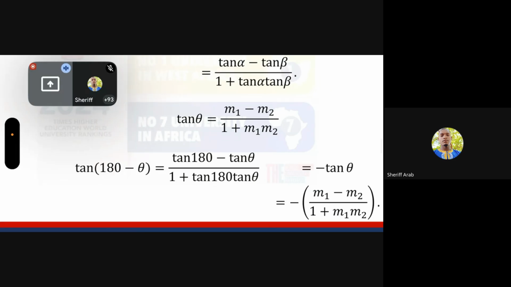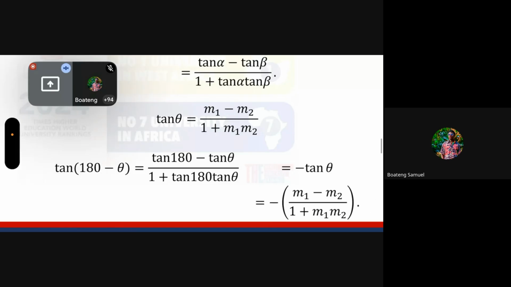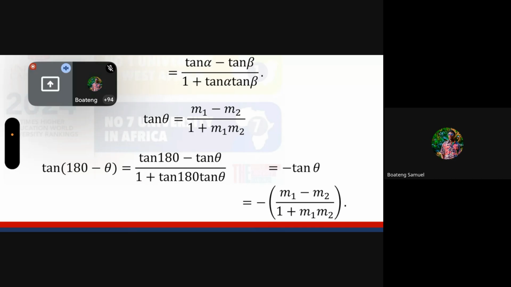And what is tan 180? 0. Tan 180 is 0. So the top one will be minus tan theta, divided by 1 plus tan 180 tan theta, which gives 0. So tan (180 minus theta) will be equal to negative tan theta.